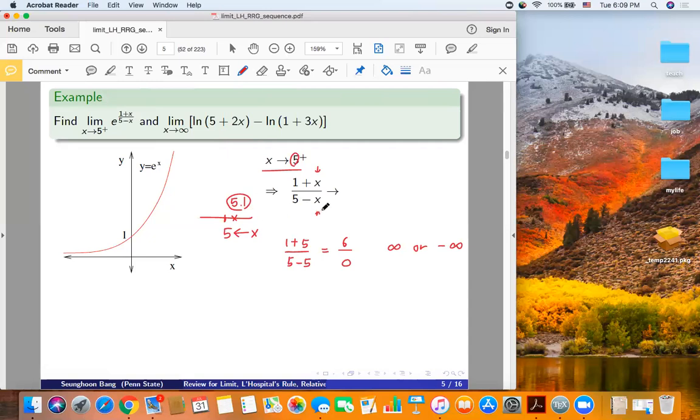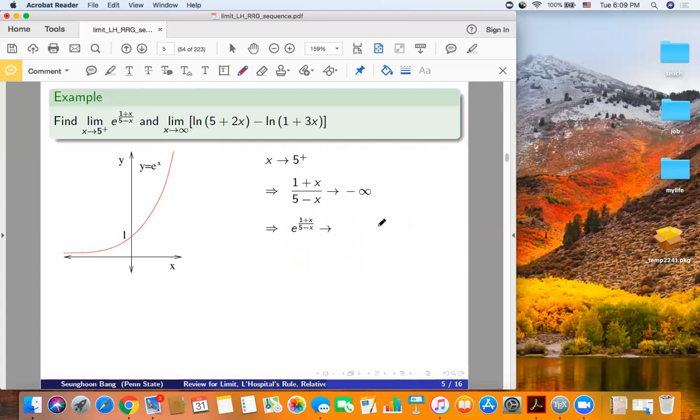You plug 5.1 into x. The 5 minus 5.1 is negative 0.1, so this is negative. The top one is positive. Answer is negative infinity.